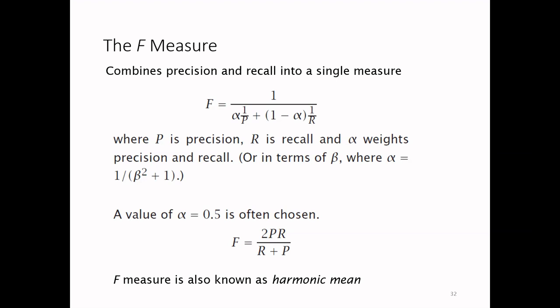That is typically what is used in practice if you don't have any other specific needs. And for alpha equal to 0.5, F is given as 2 times PR divided by P plus R. This measure is typically known as the harmonic mean, because F is nothing but the harmonic mean of P and R.